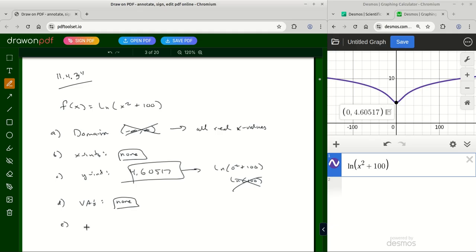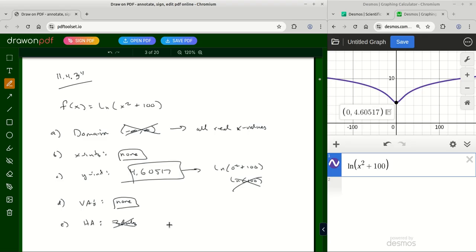Part E says find the horizontal asymptote. Not plural, singular. Now, let's time out for a second, okay? A horizontal asymptote requires there to be a fraction where I have a polynomial in the top and one in the bottom. I don't have a fraction here. So what's going on is I have my 3 rules, but they don't apply in this case.